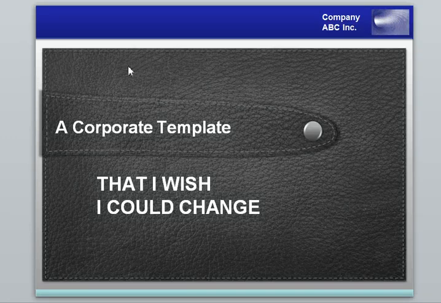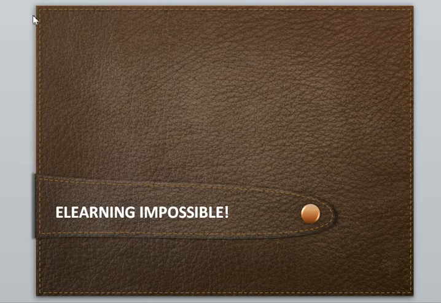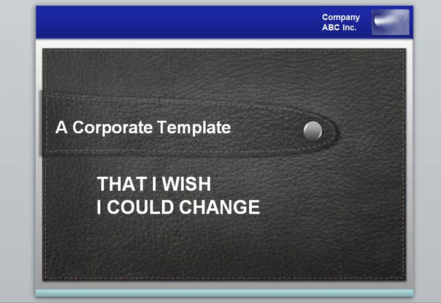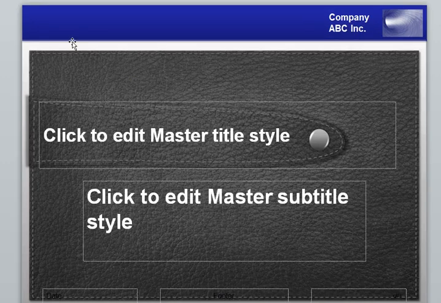Now, I did this. You can see that the leather here is not the same color. Tom's leather is a browny color, and I couldn't really use that with this template. It would clash too much. So what I did, I'm just going to pop over to the Slide Master and show you that I inserted the pictures that Tom had previously broken apart into individual files in his template.